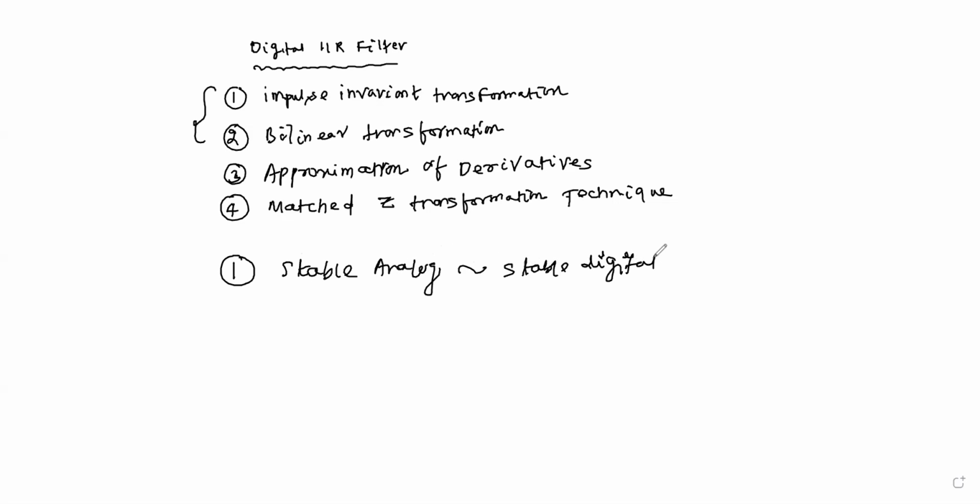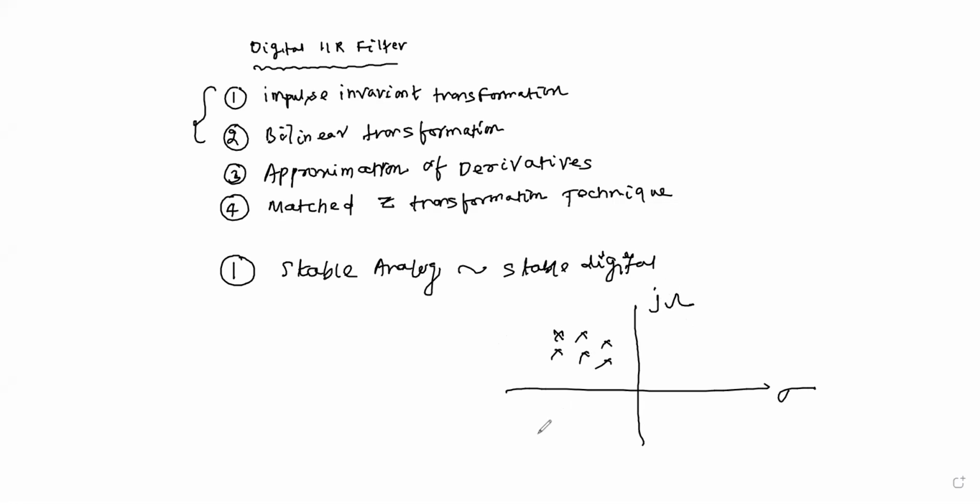Okay, when I'm using the word stable, if you take the S-plane, because analog means S-plane, with sigma as the real axis and j omega as the imaginary axis. So stable means what? All the poles must lie on the left hand side of the S-plane, yes or not? Then only it is stable.